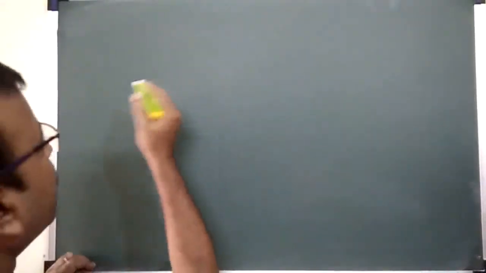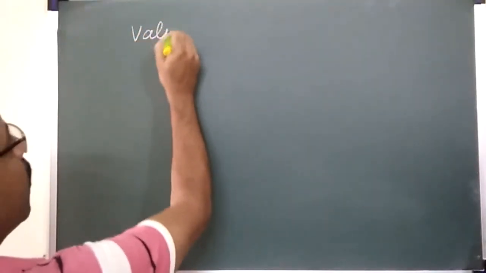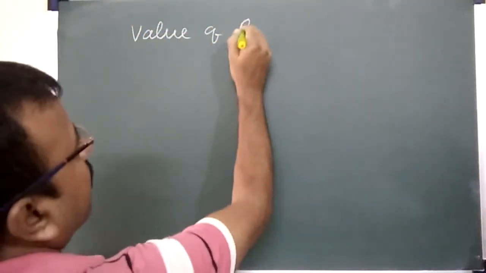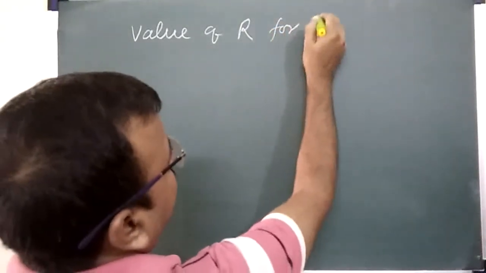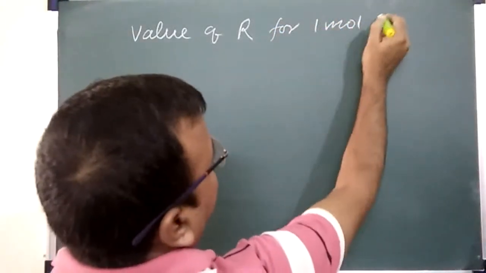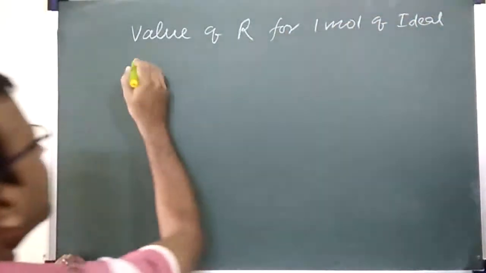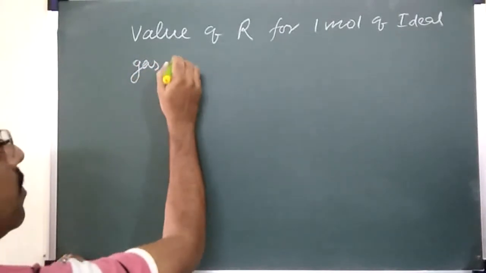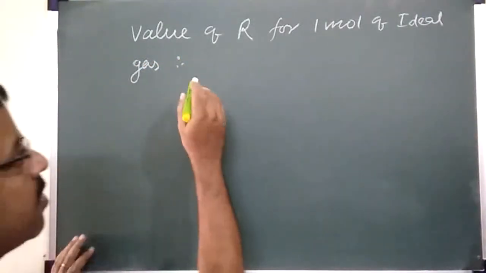So here we will calculate the value of gas constant, that is R, for 1 mole of ideal gas. We will calculate for ideal gas, but we can use it for the other gases also, because it is the same for the other gases.